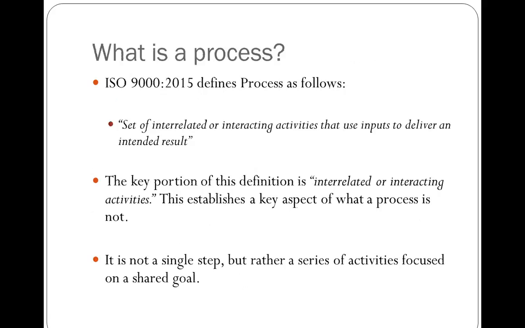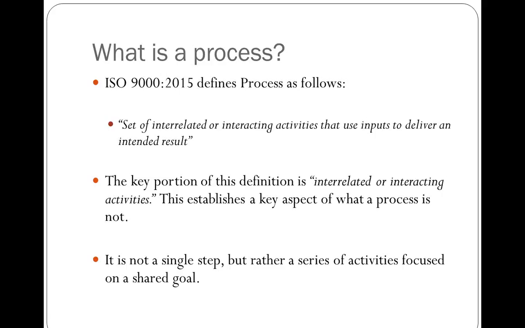Now, to take a look at the official definition for process. The definition for process, like all other official definitions in the world of ISO 9001, comes from the 9000 document, the Fundamentals and Vocabulary. And process is defined as follows: a set of interrelated or interacting activities that use inputs to deliver an intended result.